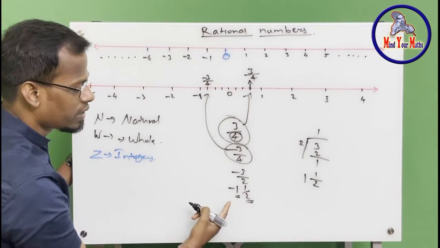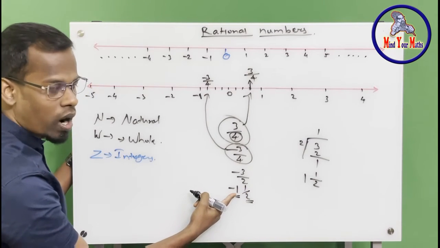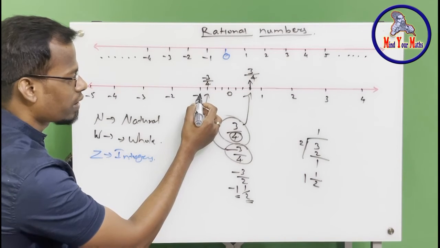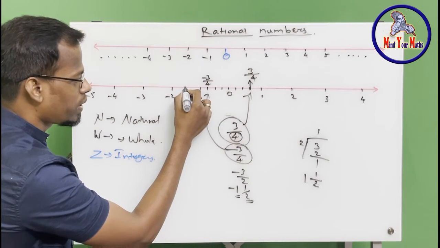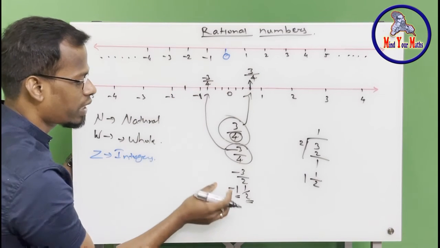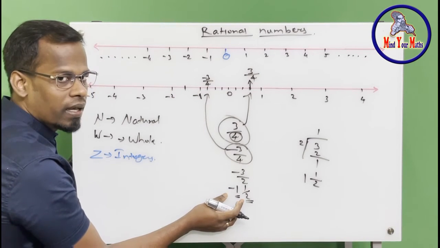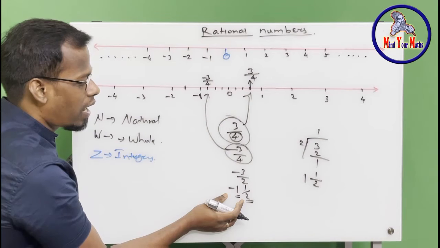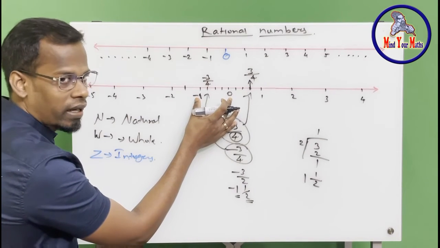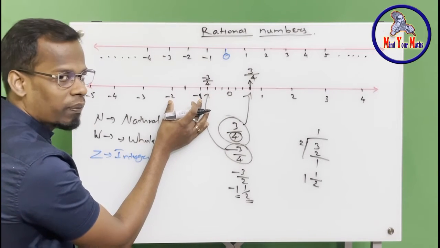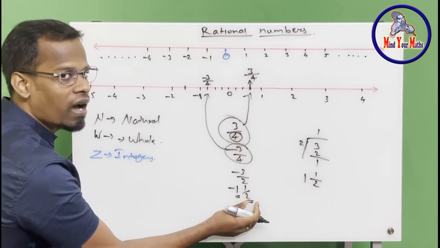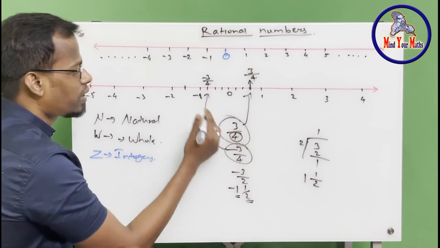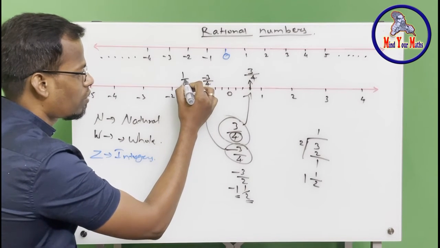Here it is -1, so -1 is here, and between -1 and -2 it is split into 2 pieces. You get 1 whole apple, and then in the next apple you cut it into 2 pieces. That is what this is, you get half of the apple, right? So that is what this place is, 1/2.